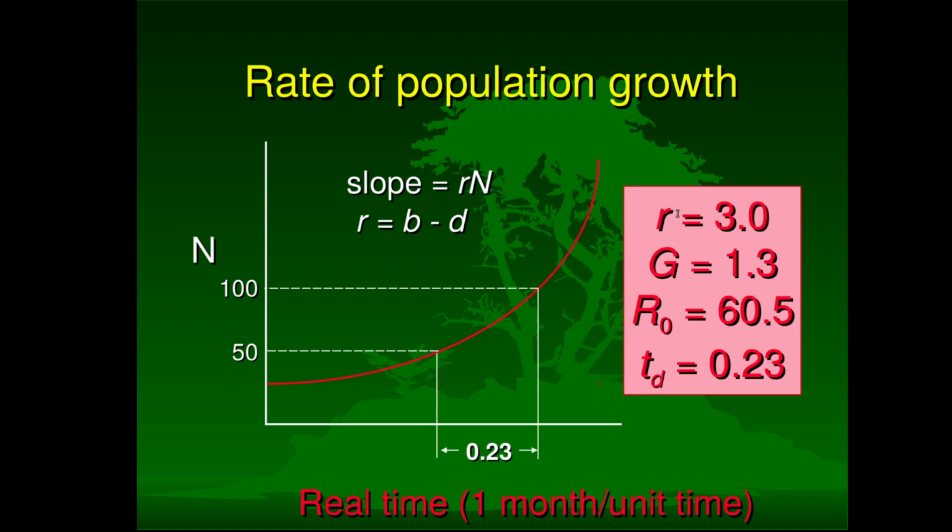And to see what this means, let's look at a graph of the population trajectory. So this is the population trajectory, namely of size or density versus time on this x-axis. If we start with some random mix of individuals of different ages, how will the population increase?